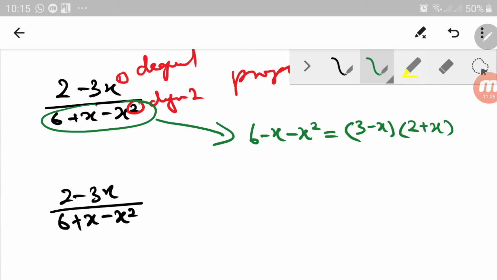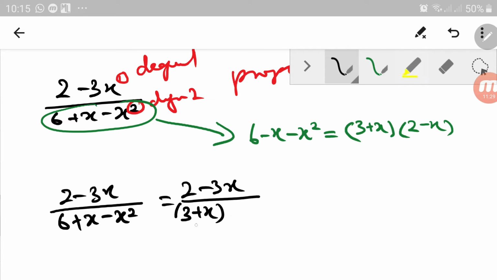Correct. Oh, wrong. Wrong. Okay, x minus 3, and then this one plus. Minus 3 plus 2, minus 3. So this is the factorization: (2 - 3x) over (3 + x)(2 - x).